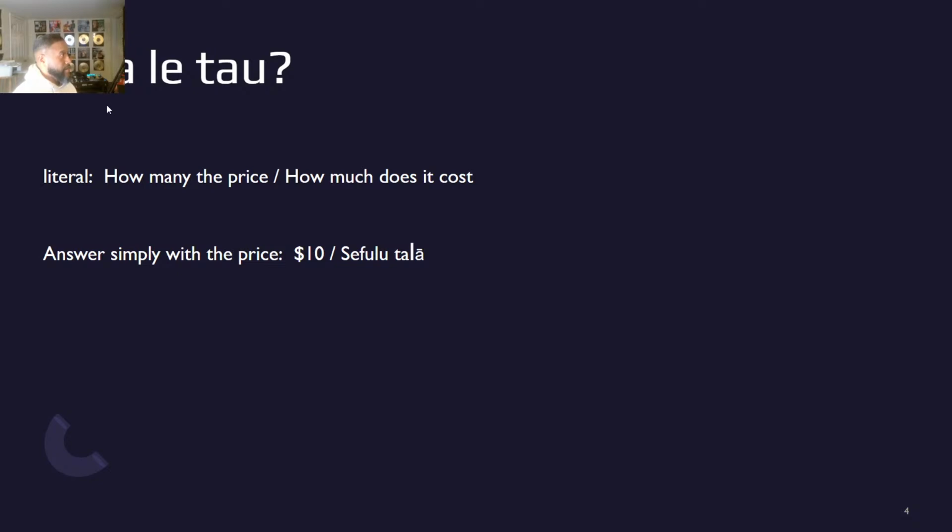So "le tau" is the cost or the price. Altogether it is how much does it cost, or what is the price, or how many is the price. And then someone could just answer "sefulu tala," is $10, right?